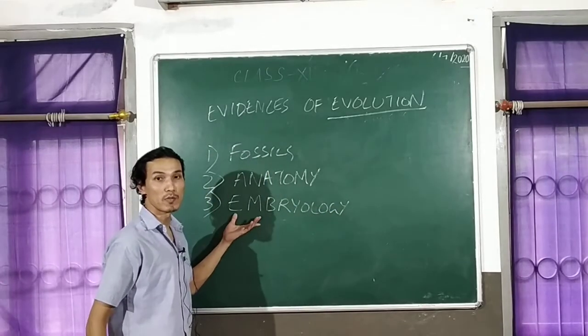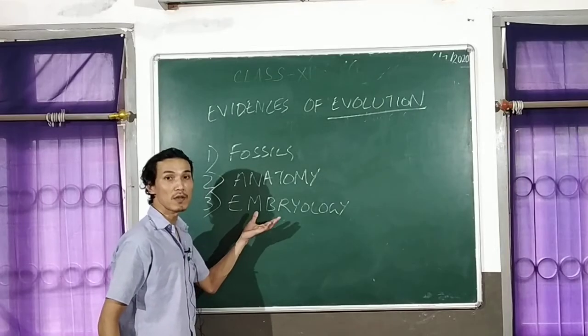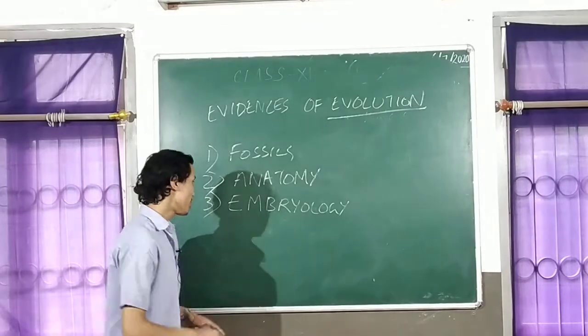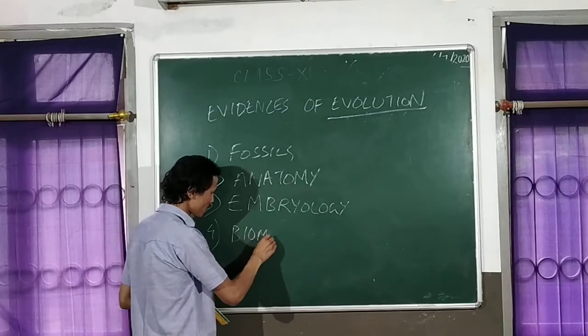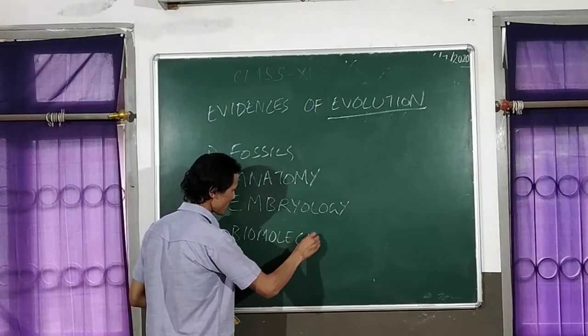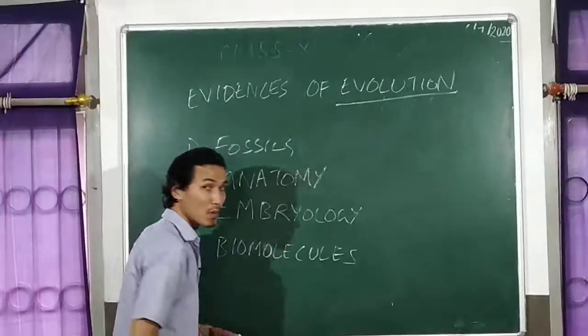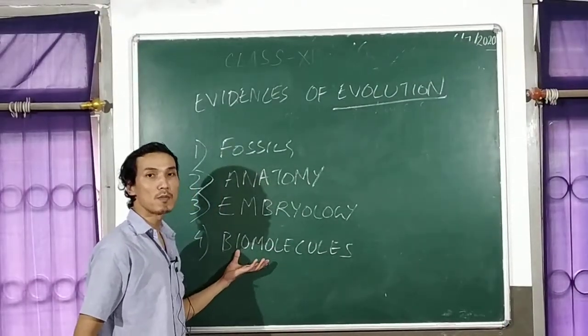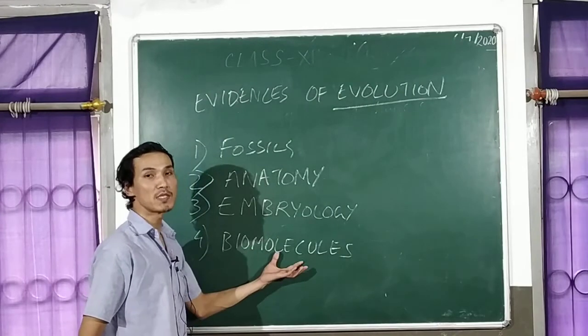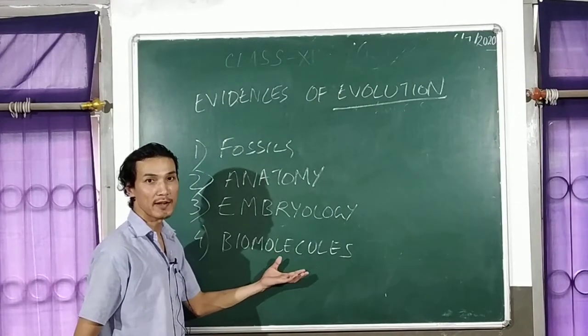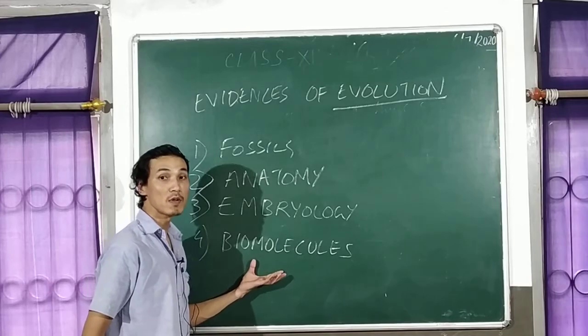Embryology means the development of embryos. The next evidence is from biomolecules. The most common biomolecule is the genetic material, this is DNA and RNA. When we study DNA and RNA, it also gives us an evidence of evolution.